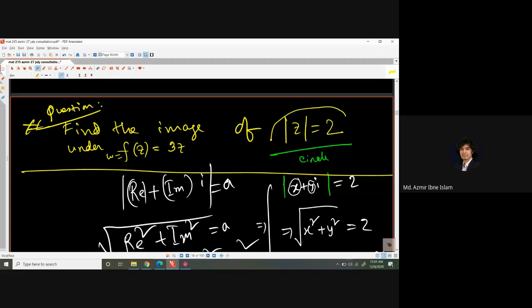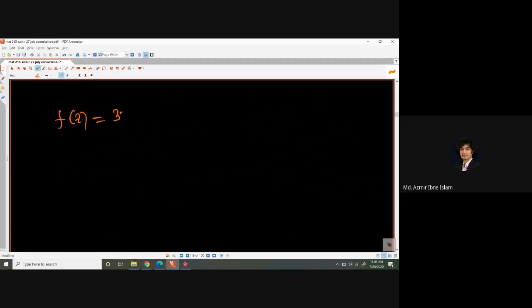Now we have figured out that this is a circle in the xy plane or z plane. So our mapping or function is given, f of z equal to 3z. Since we have modulus of z equal to 2, it is nothing but a circle, that is x squared plus y squared equal to 2 squared.